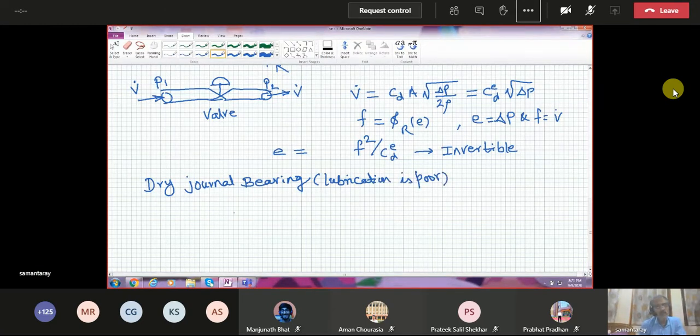Example, if somebody has got chance to see bullock cart, horse-drawn carriage, etc. So if you have such kind of a bearing and the lubrication is poor, you get the force velocity diagram like this.